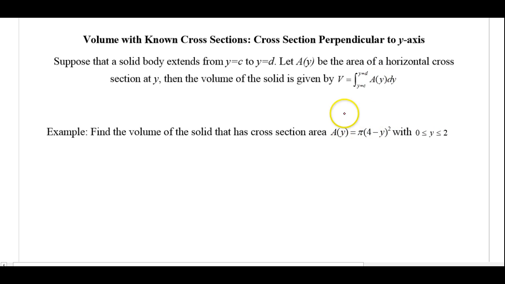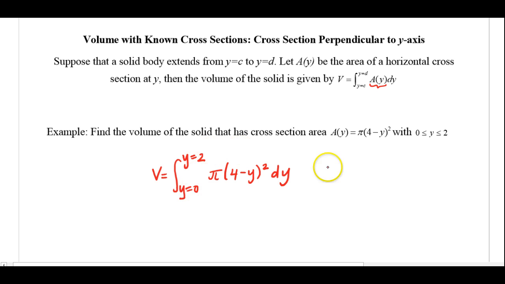So we're just plugging our information into this volume formula. Volume equals the integral from y equals 0 to y equals 2 of A of y, and A of y was given to us explicitly as pi times 4 minus y squared, and then we add the differential dy.